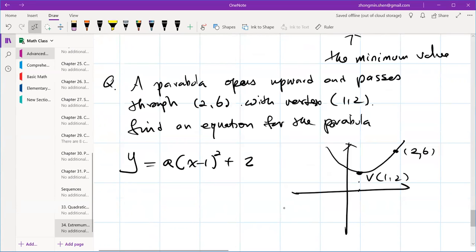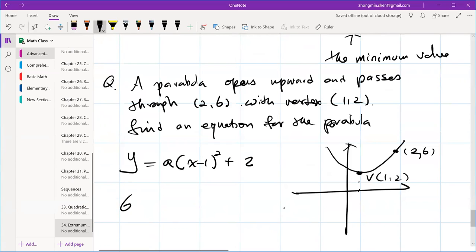The leading coefficient A: when A changes, the vertex of the parabola will not change. It just opens more widely or narrowly when the value of A changes, or opens downward or upward. Clearly this opens upward. So how do you determine the value A? You know the graph passes through the point with coordinates (2, 6).